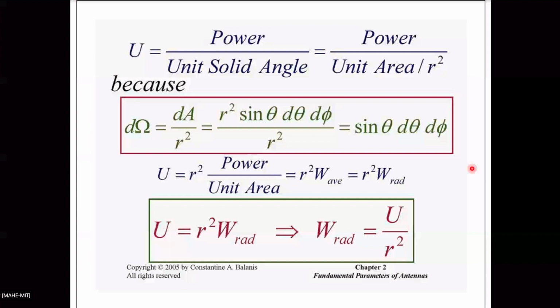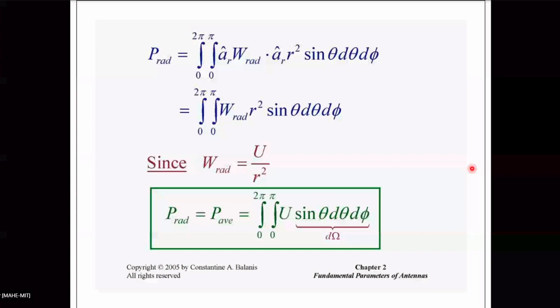Okay, see these things again. I think you'll understand this. P rad is nothing but P average, U sin theta d theta d phi. You know this. Can I go to the next slide? Yes, sir.